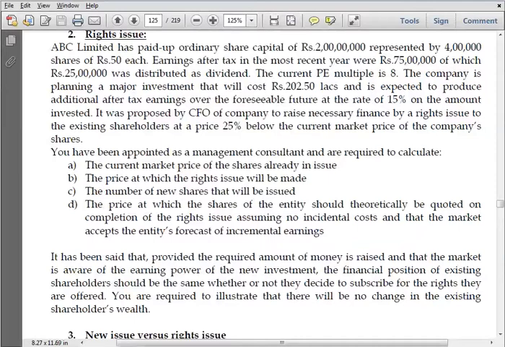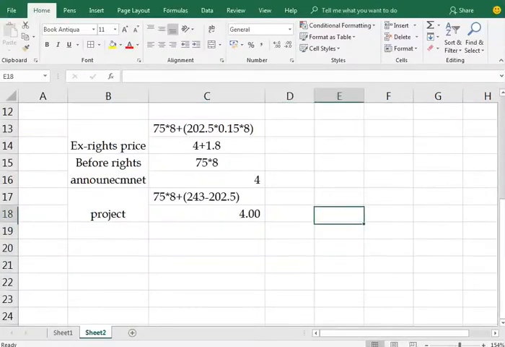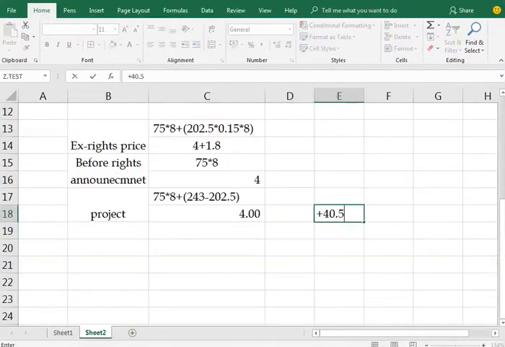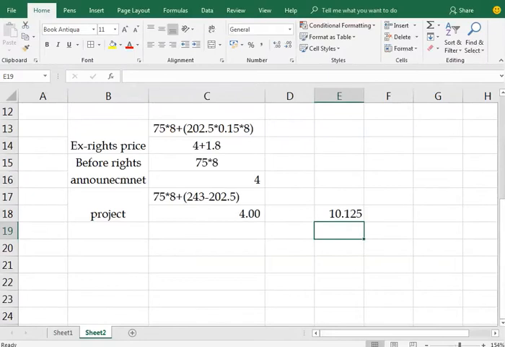How many shares are there? 4 lakhs. Sorry, divided by 4 lakhs. NPV divided by 4 lakhs. NPV was how much? 40.5 divided by 4. So 10.13, two decimal answer.